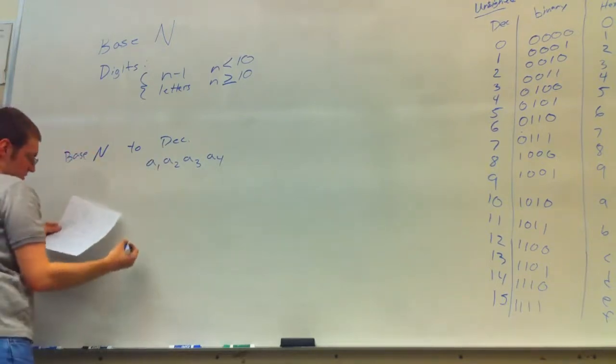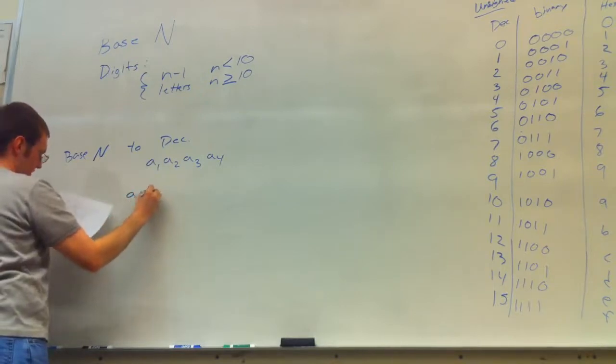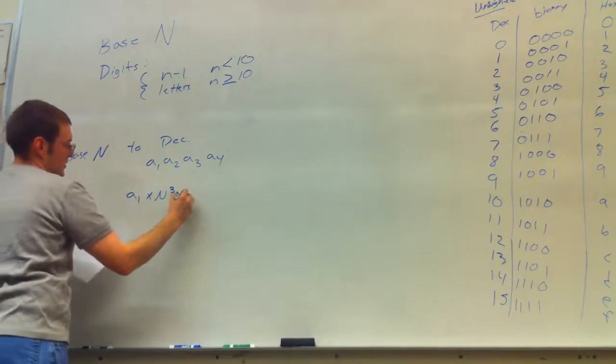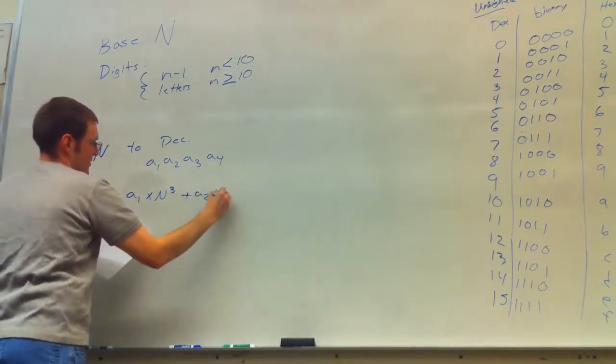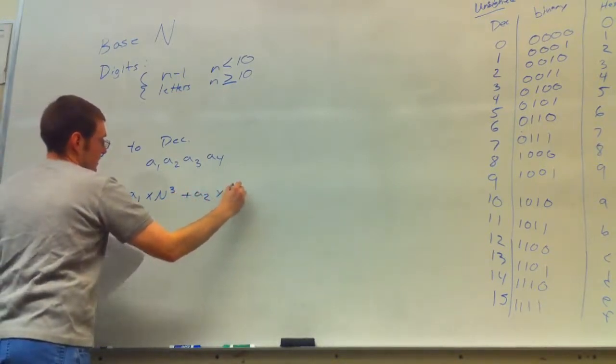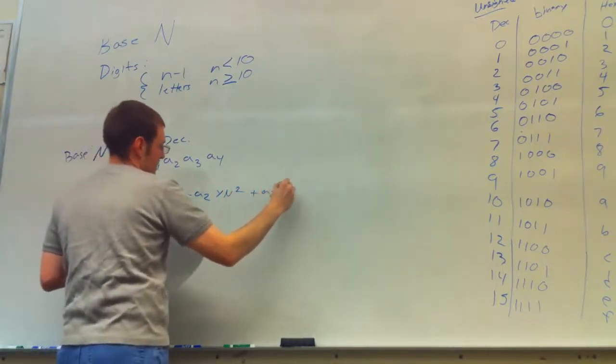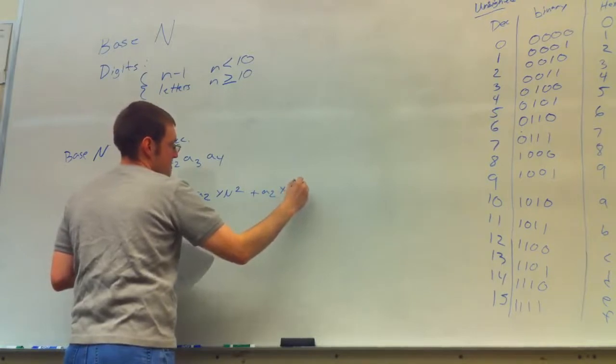You want to say it's a1 times n to the third plus a2 times n to the second power plus a3, and so on.